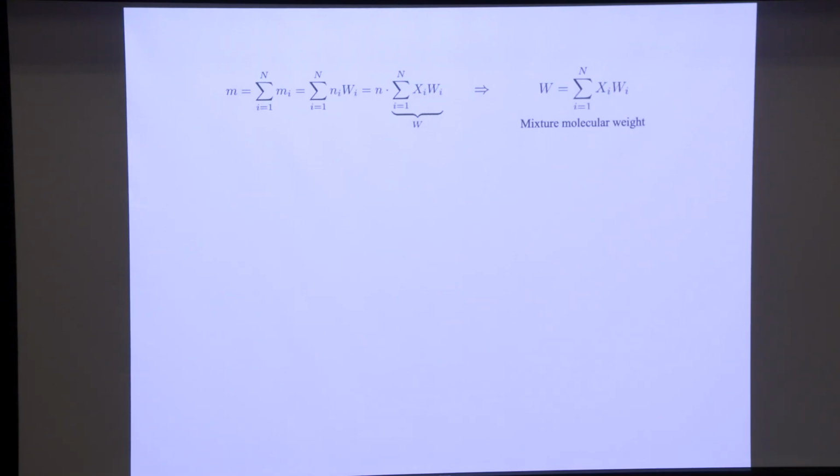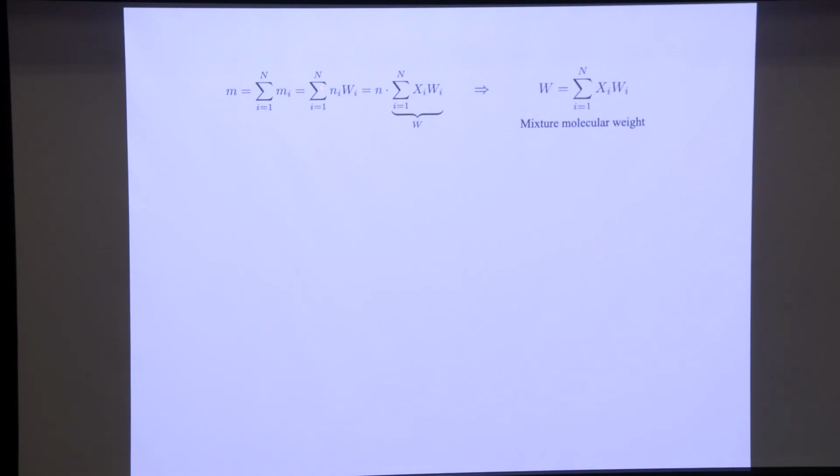But before that, we use the fact that M is the total mass of the mixture, which is the sum of Mi, which can be written as the number of moles times the molecular weight.